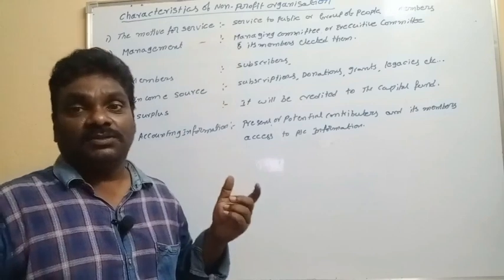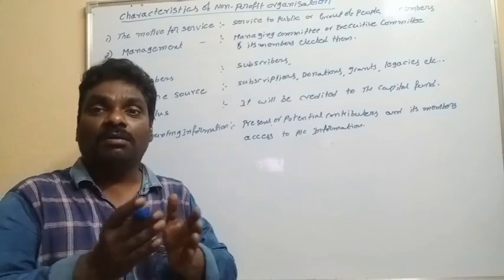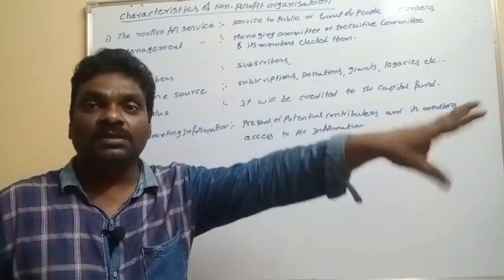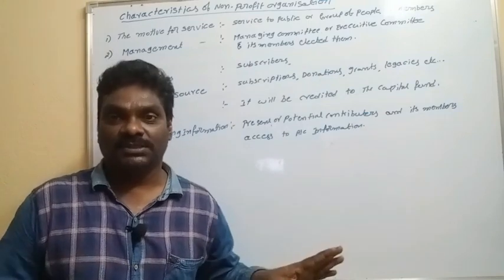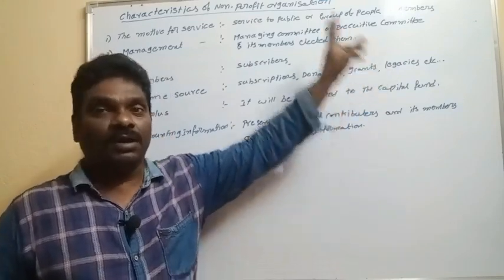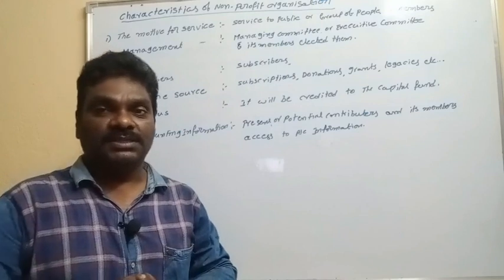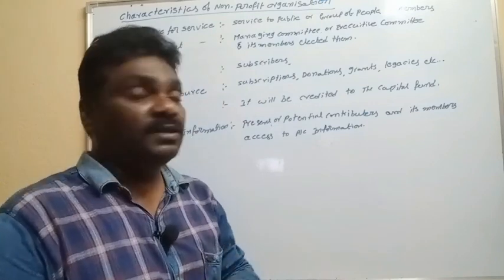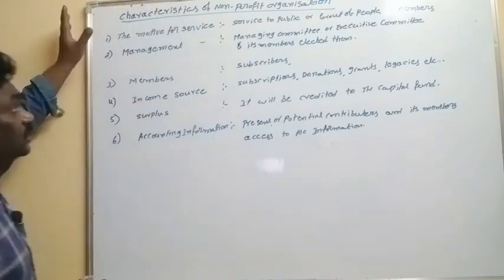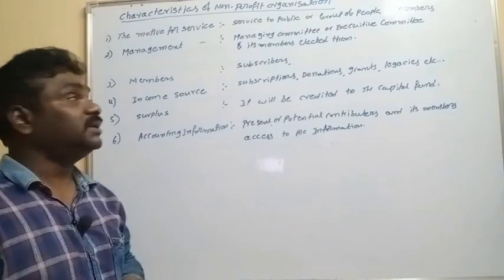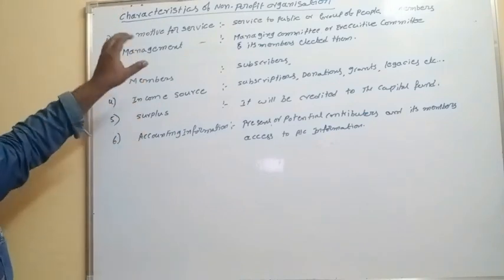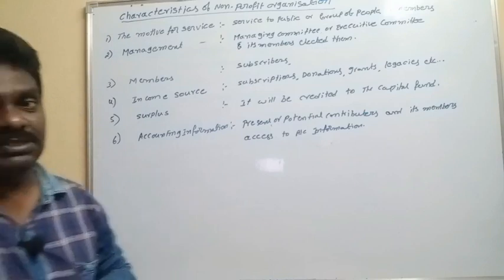An organization that has been started with the aim of providing services to people or members is called a non-profit organization. Okay, the first characteristic is the motive for service.